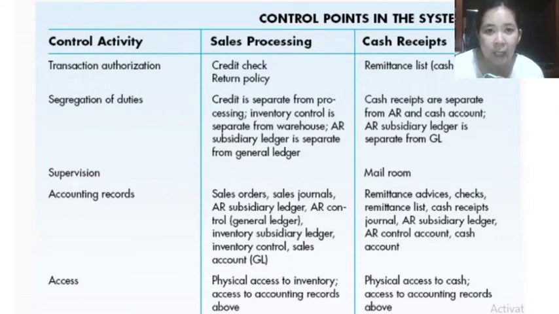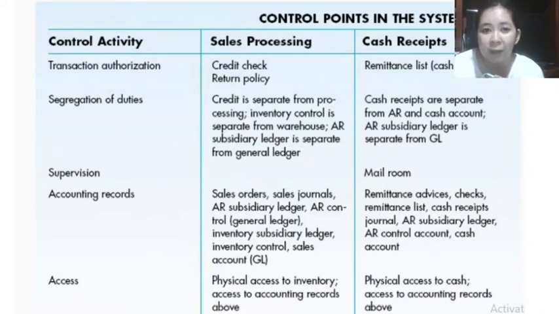Supervision. In this case, for the cash receipts, the entity should have at least a mailroom for receiving the remittances. For the sales processing, once the transaction is authorized, then it can be processed to the different departments.